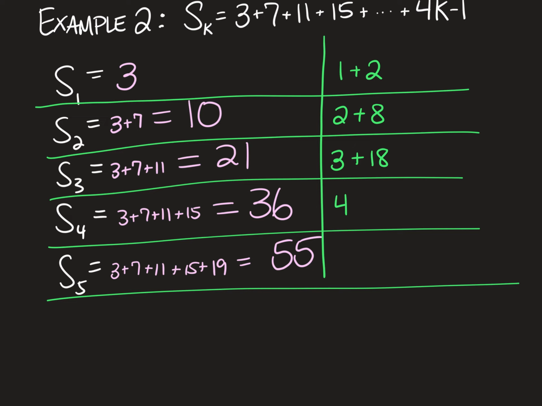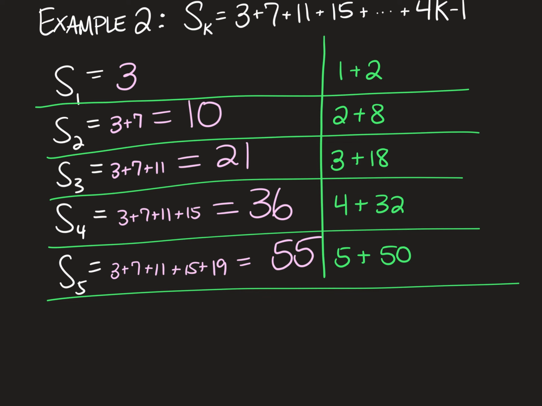What about 4 plus something? 32. What about 5 plus something? 50. Do those numbers look familiar? From the first example. Yes, those are from the first example, aren't they? And we know that first example, 2, 8, 18, 32, 50, could be written as what? 2k squared.